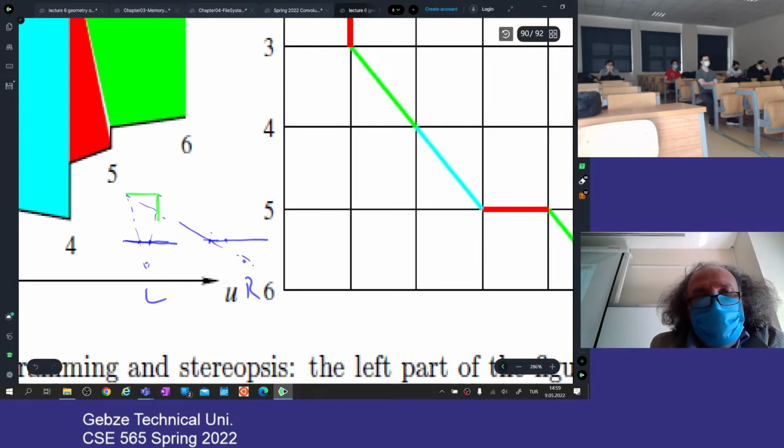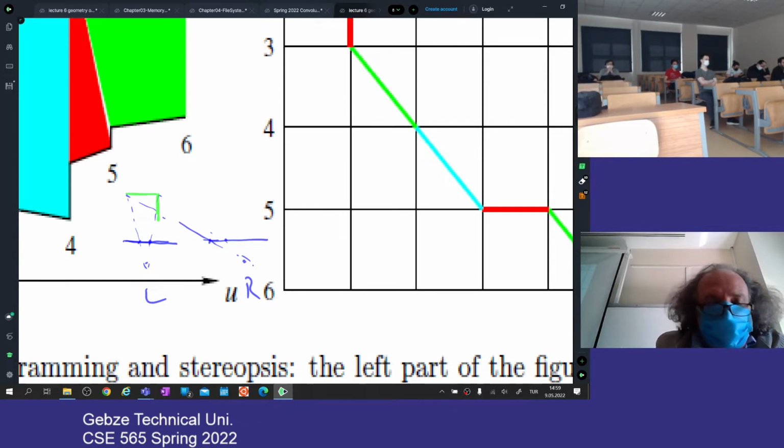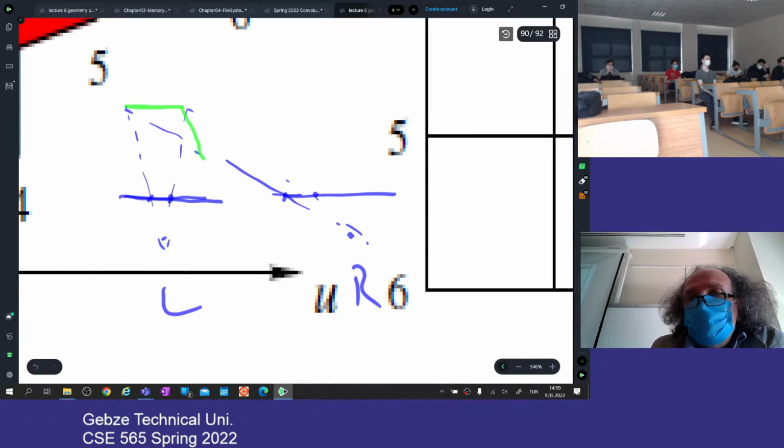So this surface will not be visible. Maybe I should do it a little bit like this. This surface will not be visible from the right camera, but it will be visible from the left camera, right?